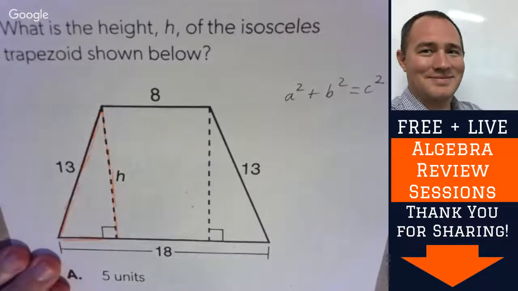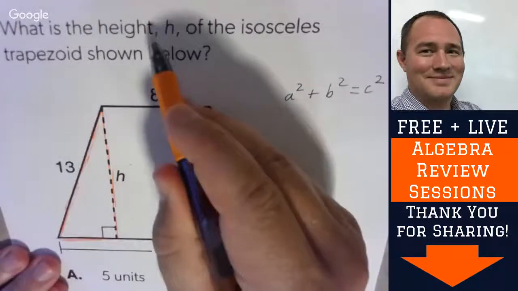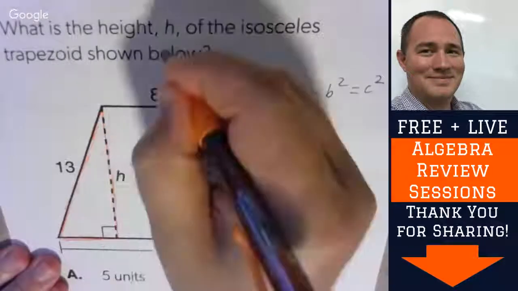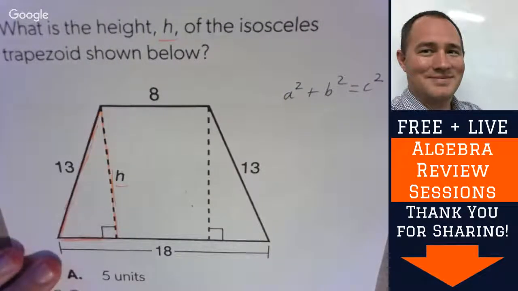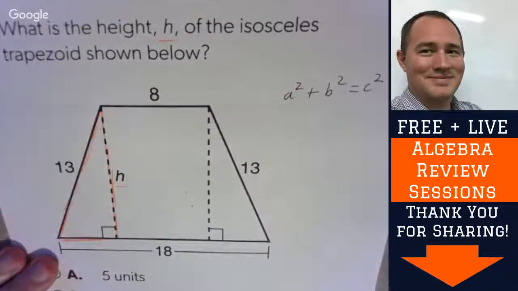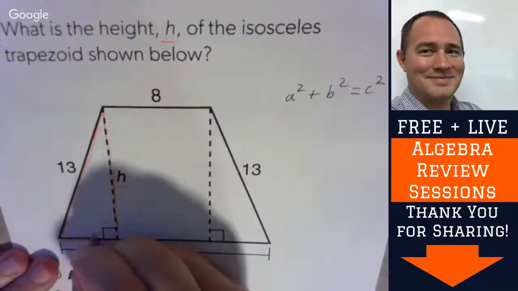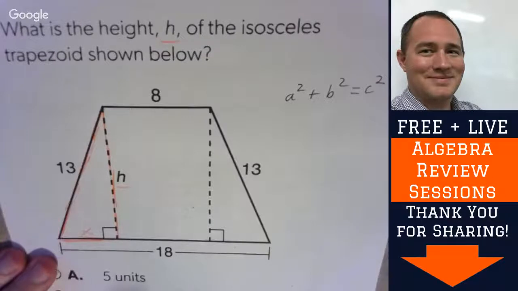Now we need to find two things here, right? So ultimately we want to find h, but we need to have two sides of a triangle in order to use the Pythagorean theorem to solve for the third side. So let me label this leg down here x. Now how could we possibly figure that out?